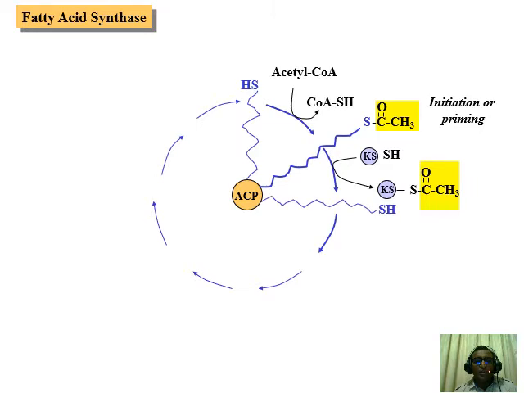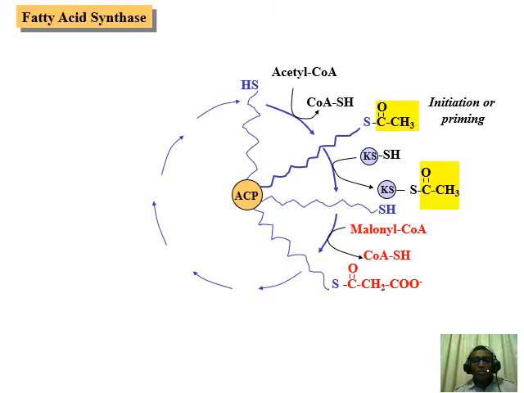So now ACP is free again, and that will be attached to malonyl CoA as shown here. Both the malonyl component as well as the acetyl will react and therefore become longer.